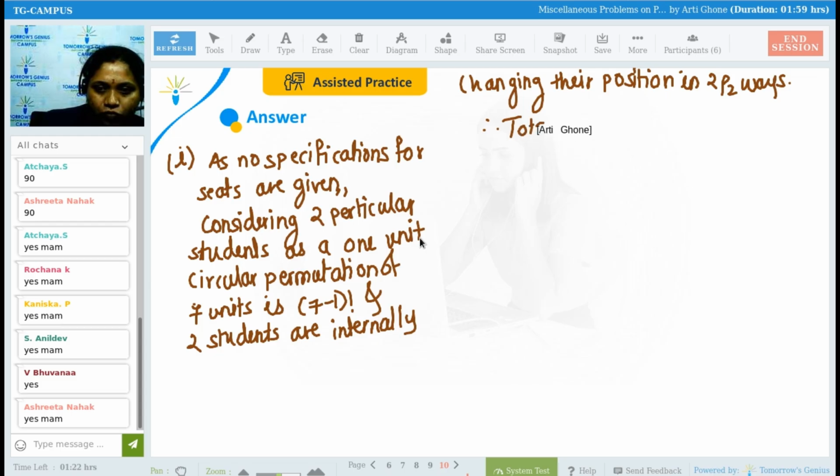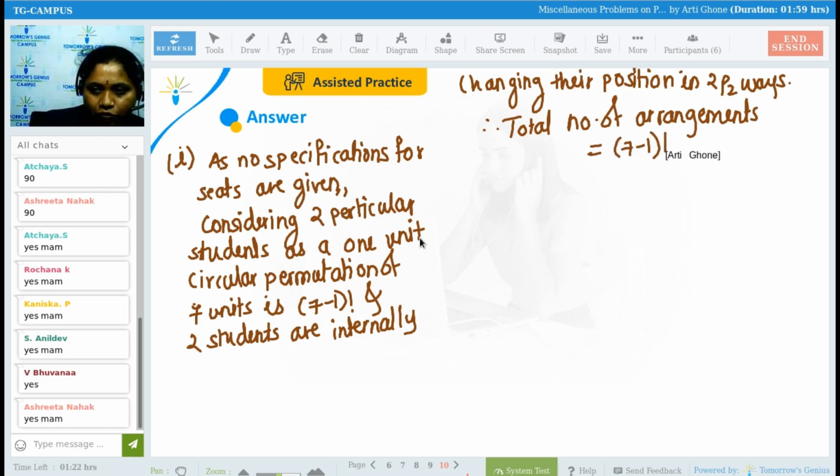Therefore, total number of arrangements is equal to 7 minus 1 factorial into 2P2. Both the events are happening at a time. We have a connective 'and'. If you see it clearly, this is an 'and' connective. That's why I'm taking the product. Why multiply?